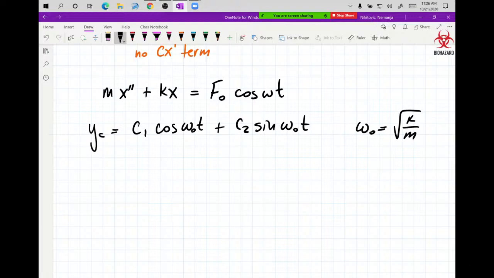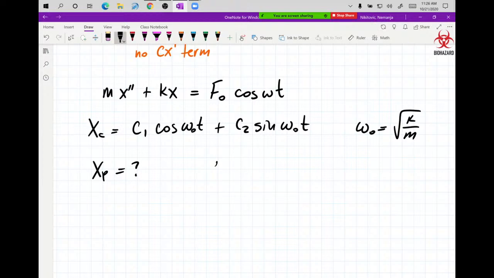So this is what we had before, and now we are supposed to work this out using either variation of parameters or undetermined coefficients, because now we have the forcing, so we need to calculate also yp so that we can have... these are not supposed to be y's, this is supposed to be x's.